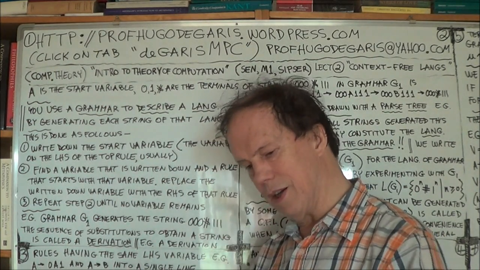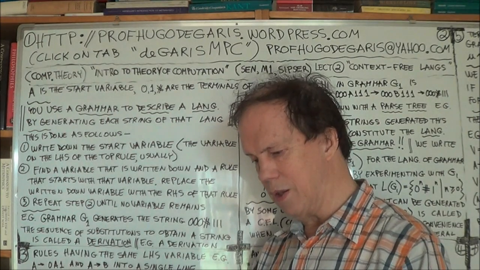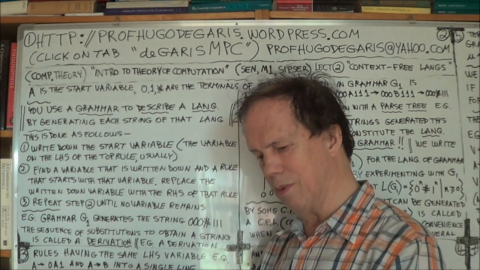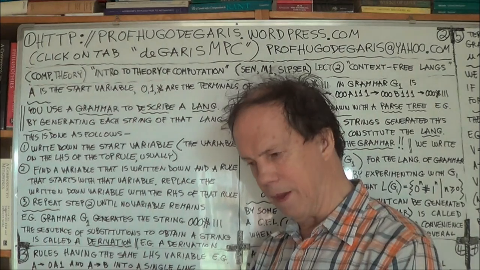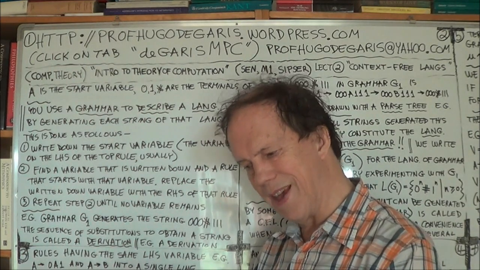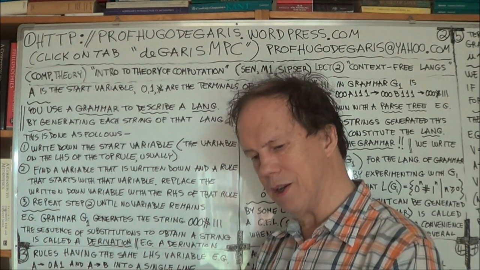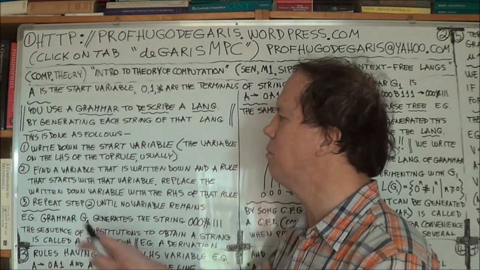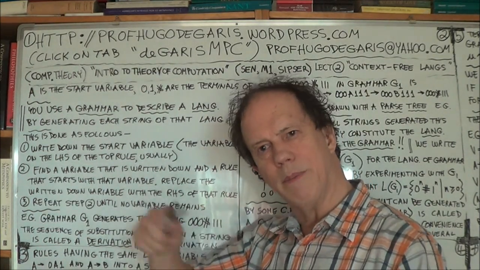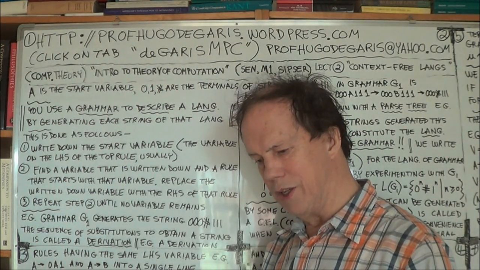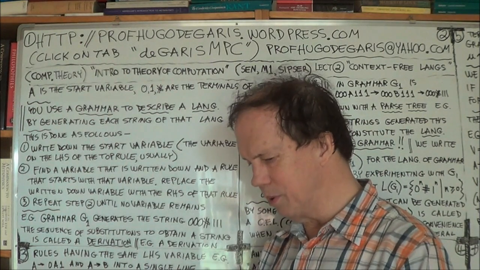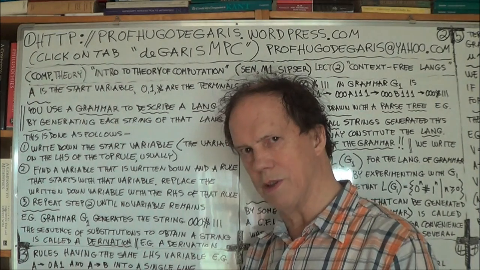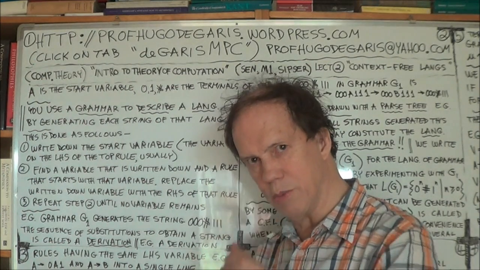Then you take the right-hand side of that rule, and you replace the variable that you wrote down by the right-hand side of the rule. And then you just keep doing that. You do step 2 umpteen times until eventually all the variables in what you wrote down have disappeared. They've been replaced by terminals.